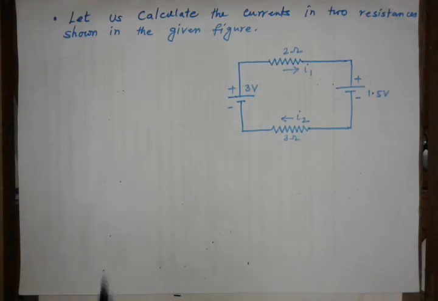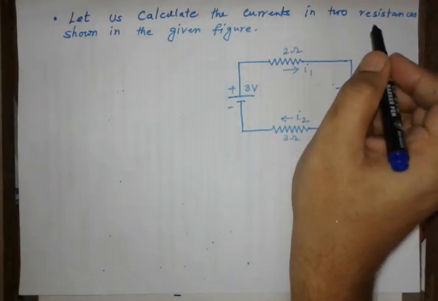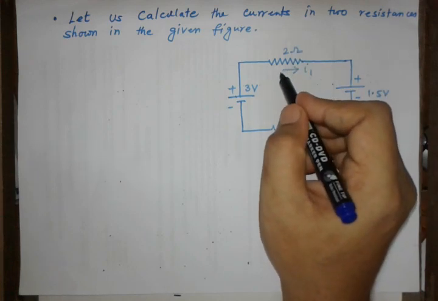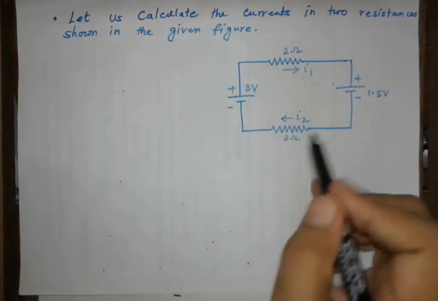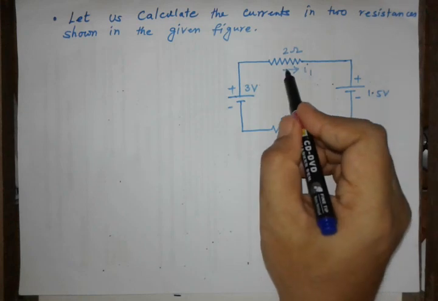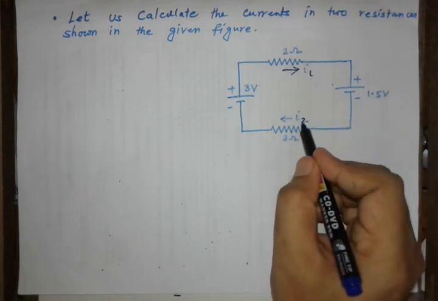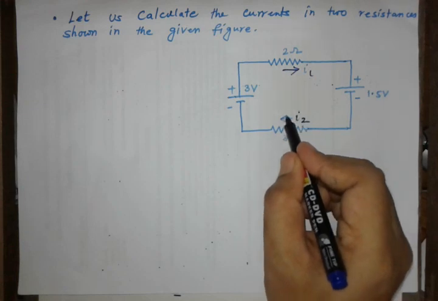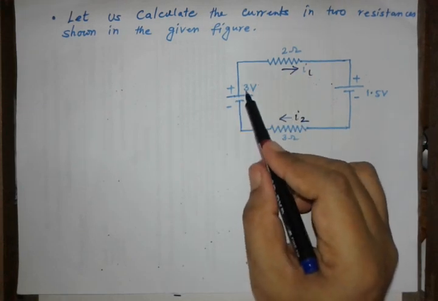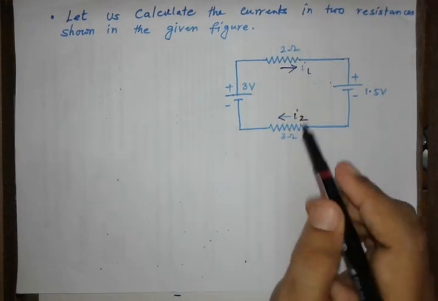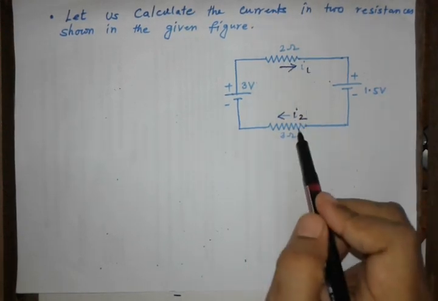What they said: let us calculate the current in the two resistances shown in the figure. So there are two resistances, this is one resistance and this is another resistance. You have to find out the current. The currents are already marked: this is I1 and this one is I2. Two cells are connected here, one is 3 volt, another is 1.5 volt. The values of the resistances are also given. Only I1 and I2 are unknown.